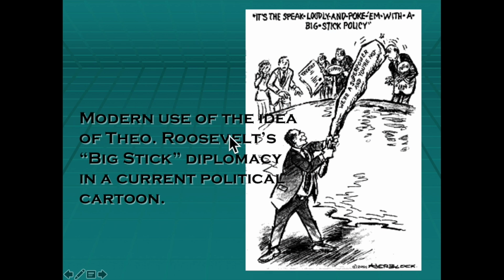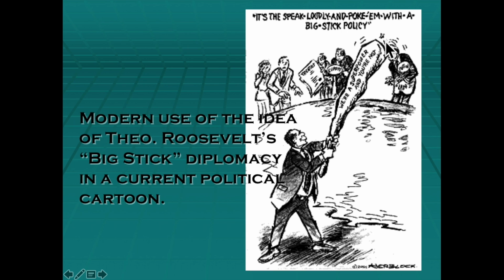Of course, this modern use of Theodore Roosevelt's idea of the big stick diplomacy has been portrayed in another one. This one, speak loudly and poke 'em with a big stick policy, in a political cartoon. I guess these are Americans looking shocked at this politician, who I'm not sure who this is, but he's poking, I think, Putin when he was in the UN.